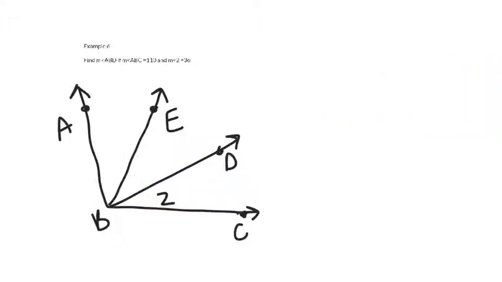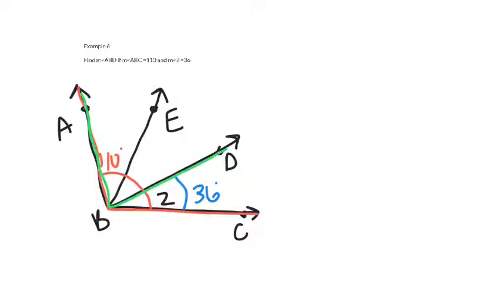Alright, last example. Find the measure of angle ABD if the measure of angle ABC is 110, so ABC, all of this is 110, and the measure of angle 2 is 36. So this piece here is 36. And we want ABD.